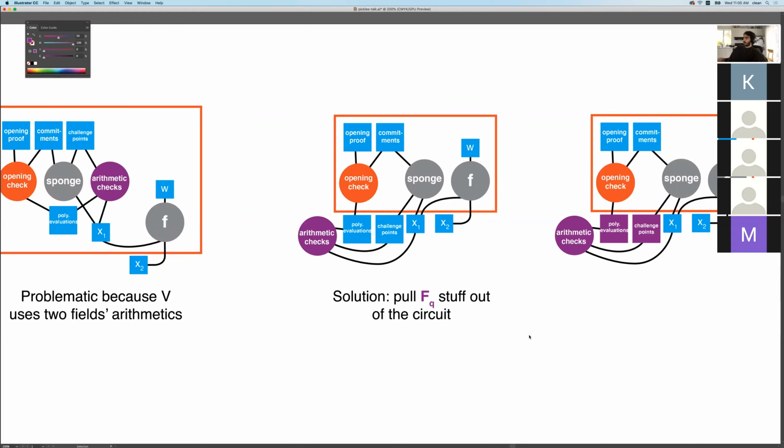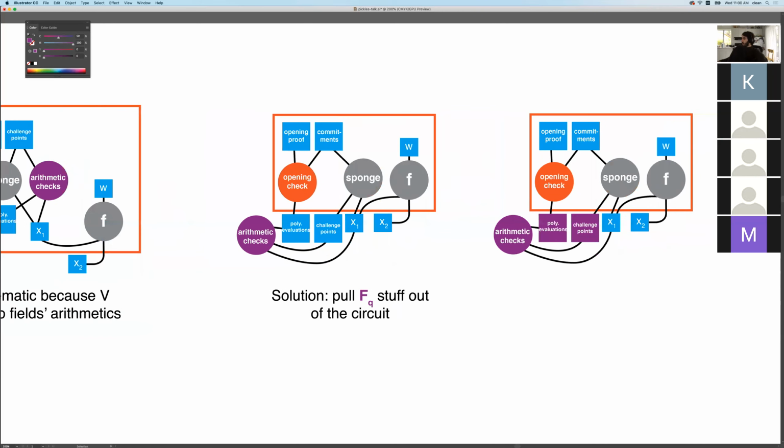Feel free to unmute yourself and use the higher bandwidth medium of human language. No, okay. Oh, the whole construction is, not sure how to make this point. So the intuition is that you move all operations.